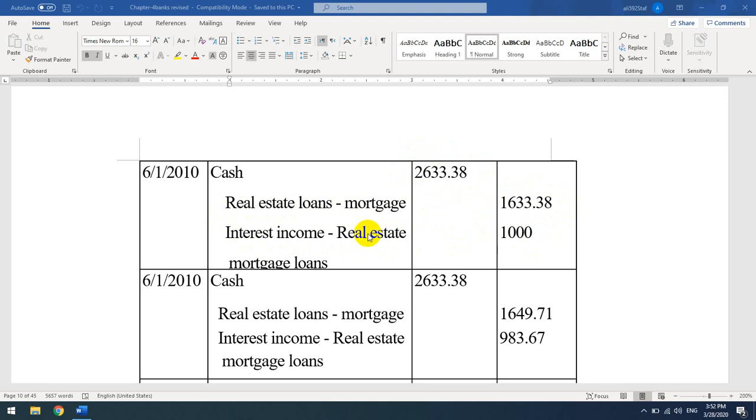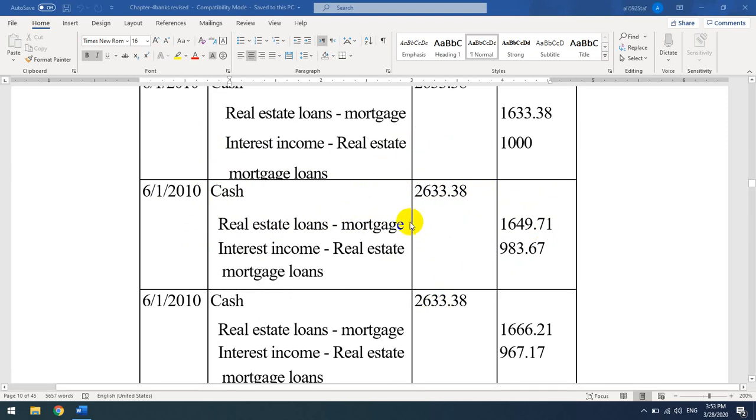First month the interest equals 1,000, so the real estate loan is credited by the remaining, which equals 1,600. If you see, the total of these two amounts equals the paid amount, which makes the cash debit by this amount.